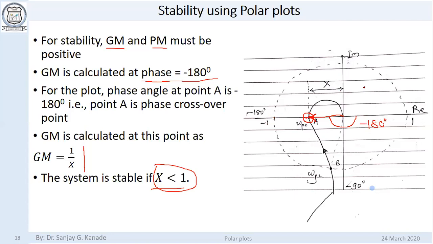If you draw the unit circle and the polar plot is crossing the imaginary axis inside the unit circle, then the system is stable. If the crossing point is beyond the minus 1 point, then the system will be unstable. So this is how we find out the stability using the polar plots.